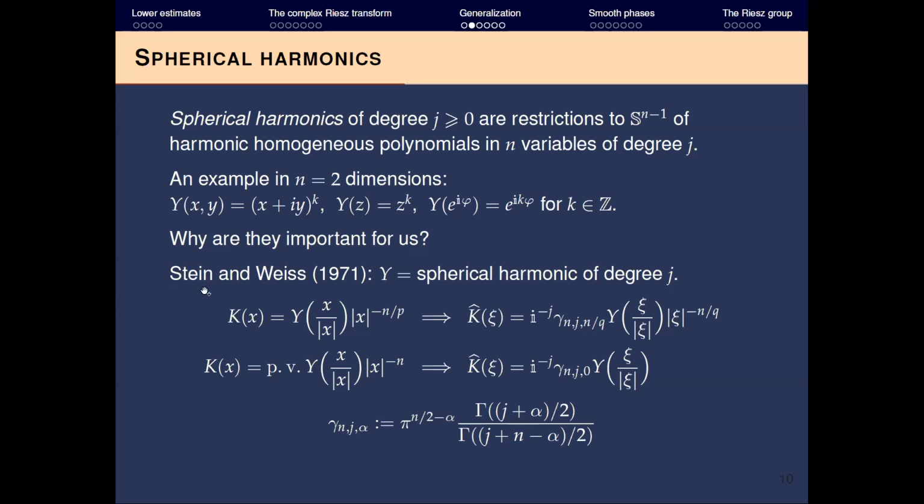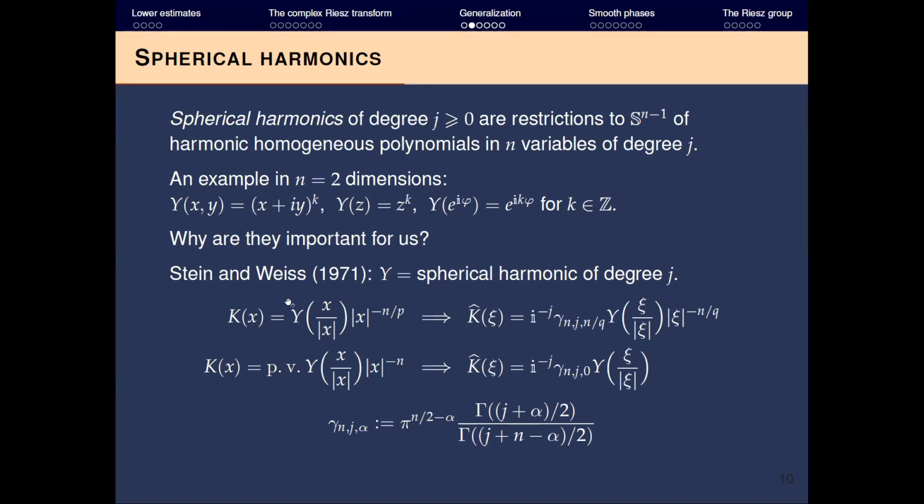So why are they important for us for constructing lower bounds? Because of this result that is stated in the book by Stein and Weiss, but it might be older. Yeah, I wouldn't be surprised. It is that if Y is a spherical harmonic of degree j, then when you take a look at this locally integrable function, again, you see the same Riesz potential power as before, but then you have a twist, which is not just a simple power, it's a twist with this spherical harmonic evaluated at x over the modulus of x.